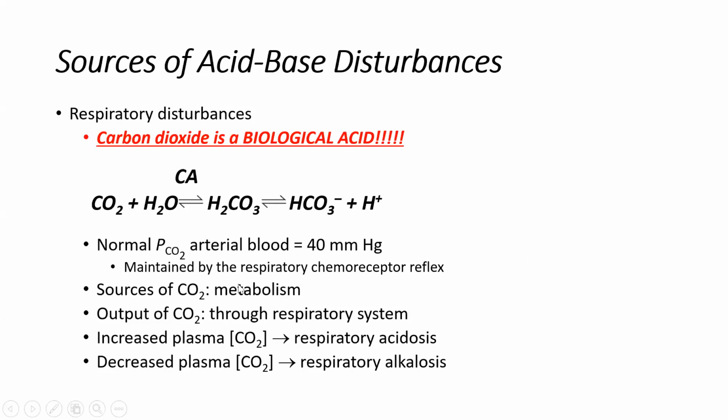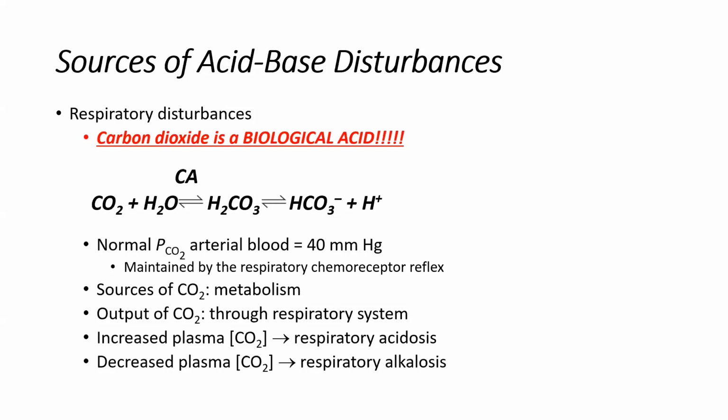And so we want to maintain our respiratory rate by maintaining the respiratory chemoreceptor reflex. And if we do not do that, if we have any type of acid-base disturbance, the lungs can cause those disturbances, but the lungs can also work to correct disturbances, okay?